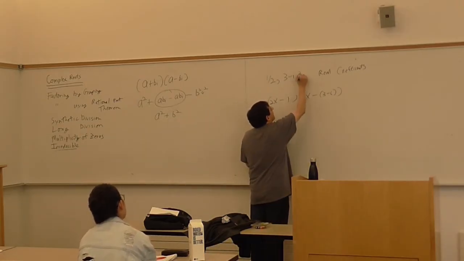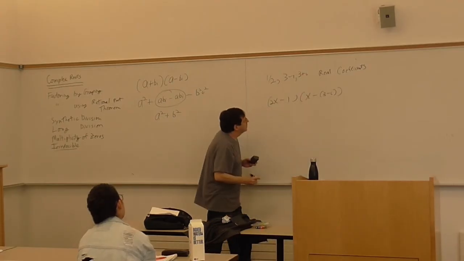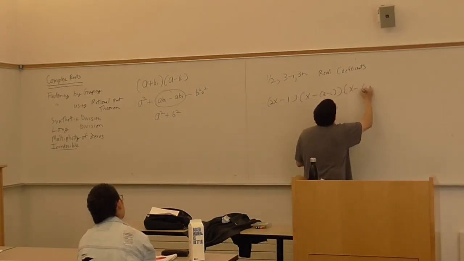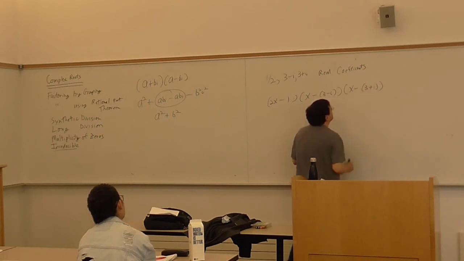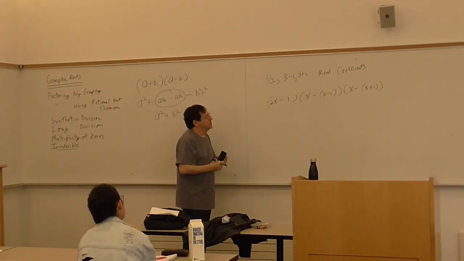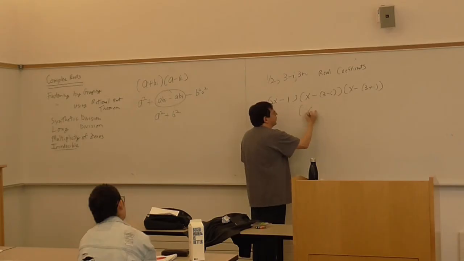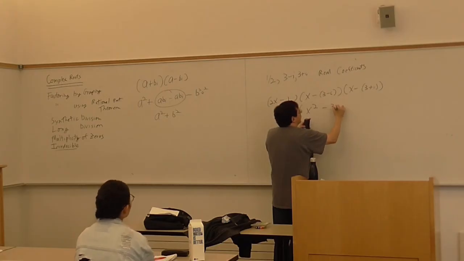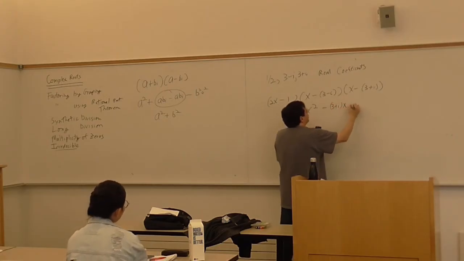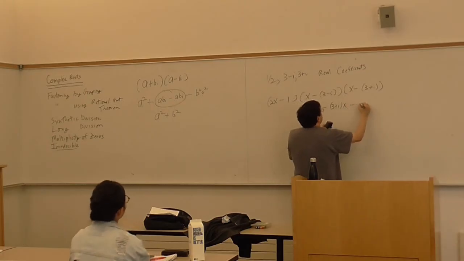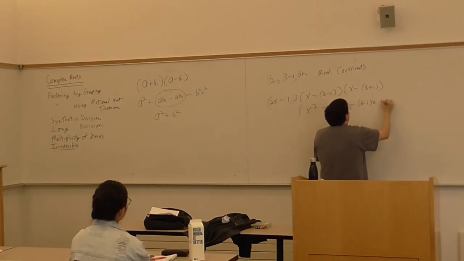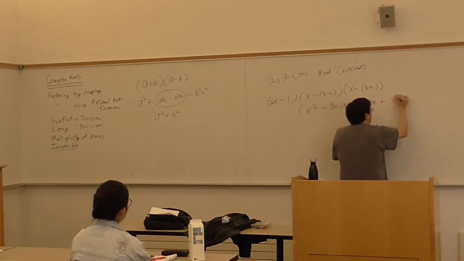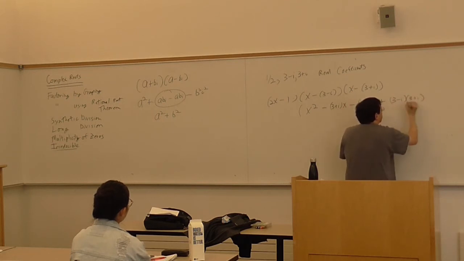How about the complex conjugate? Okay. So, all right, let's multiply this. x squared. Outer is minus 3 plus ix. Inner is minus 3 minus ix. And then plus 3 minus i times 3 plus i.